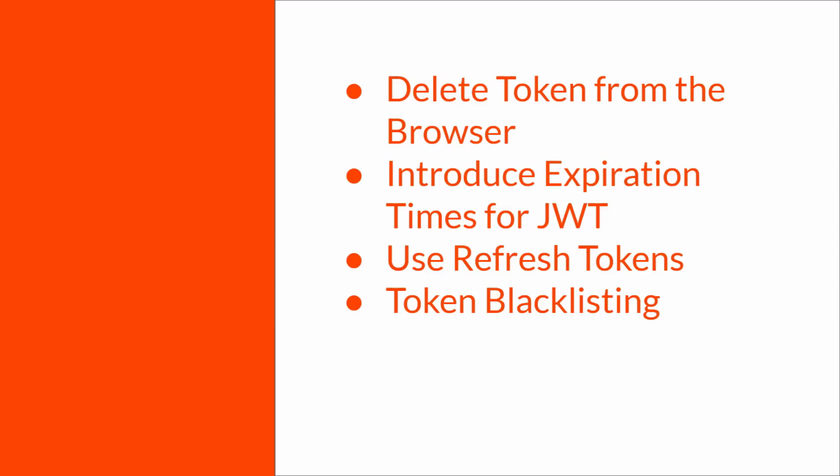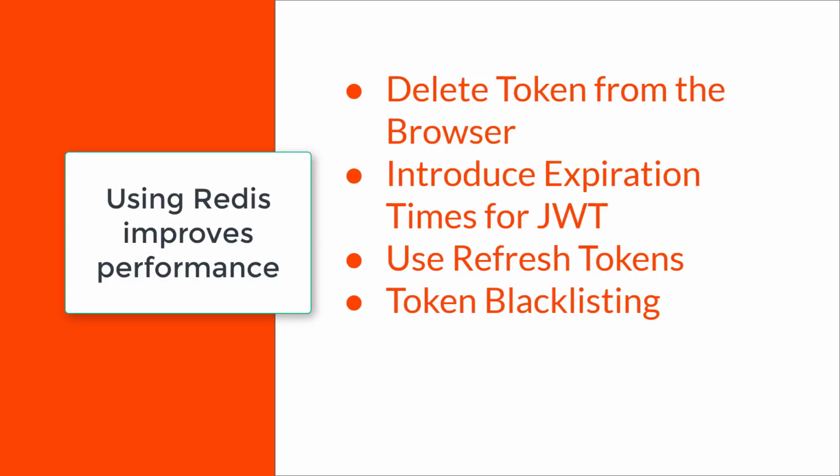And as I said before, this solution defeats the purpose of using a JSON Web Token because we're using state and we are doing a database lookup for every request. Even so, instead of a relational database, if we use an in-memory database like Redis, we can hugely improve the performance of this particular solution.